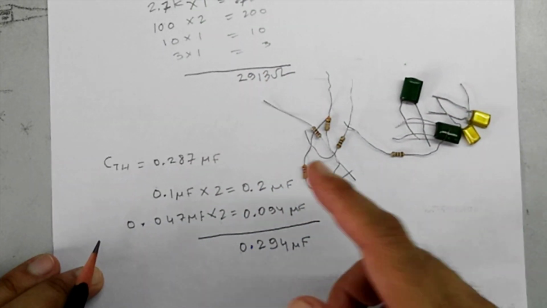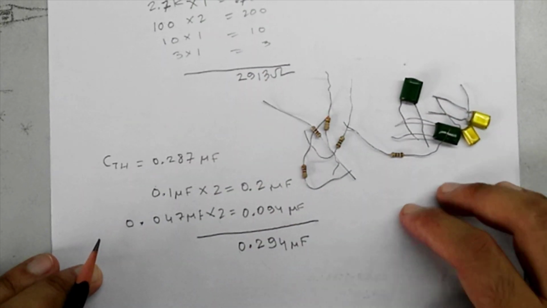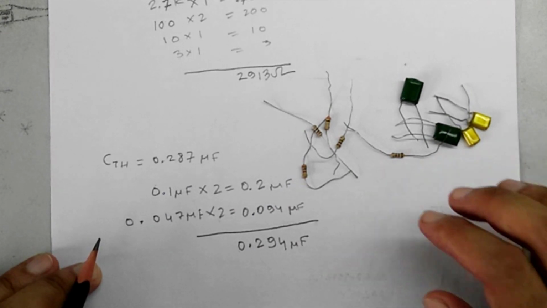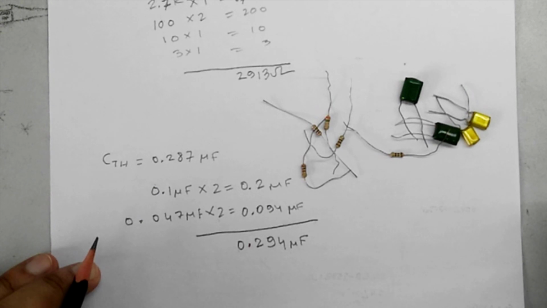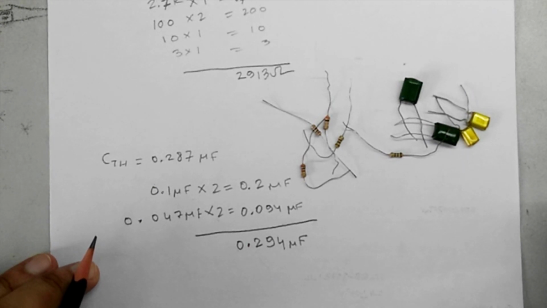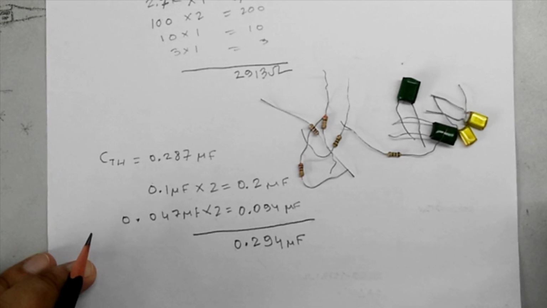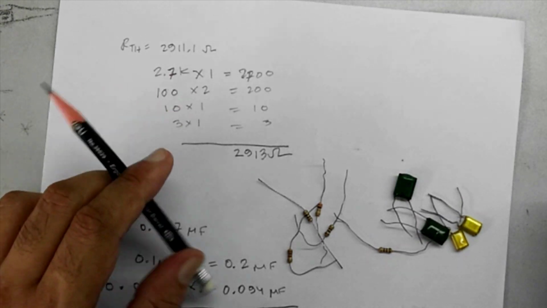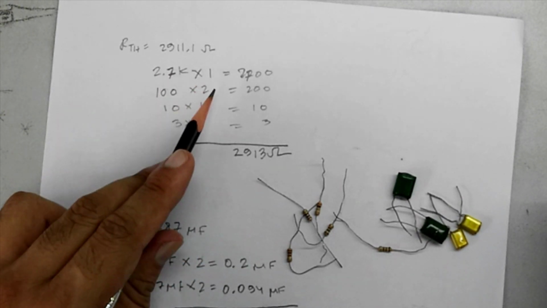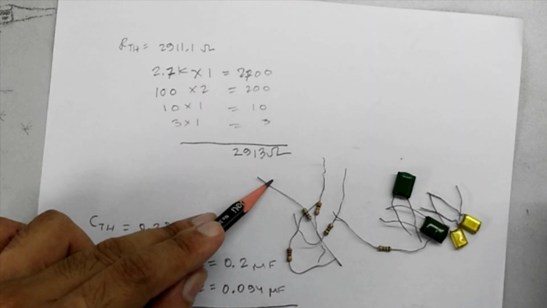So after combining these resistances and capacitance, we will use our DMM and LCR meter to see actually what value of combined resistance and capacitance we get. Remember that for resistances, we can add the values by placing the resistances in series.